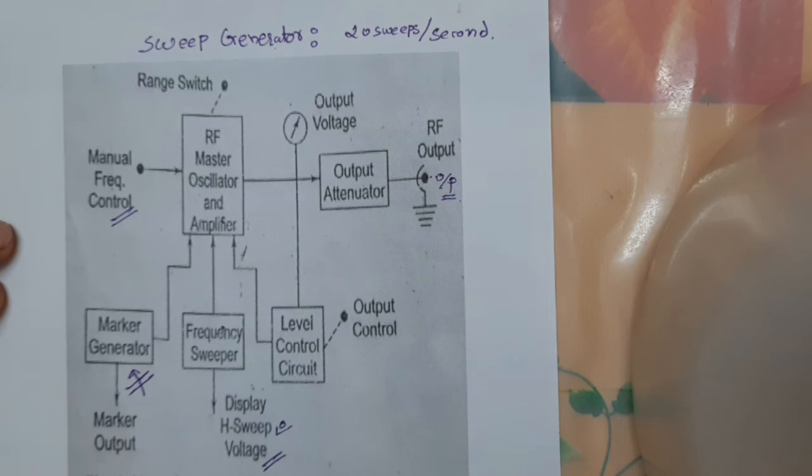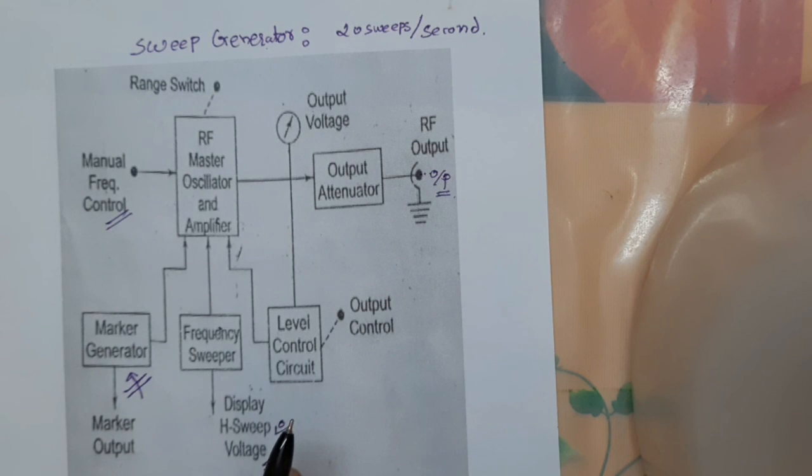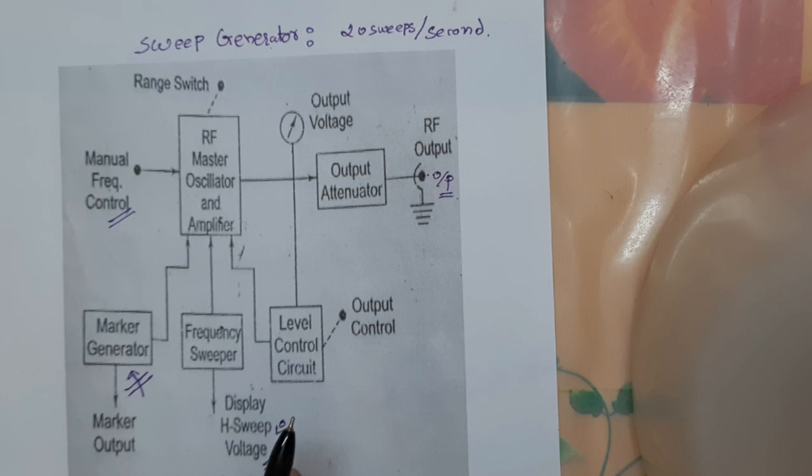The marker voltage can be added to the sweep voltage of the CRO during alternate cycles of the sweep voltage and appears superimposed on the response curve.